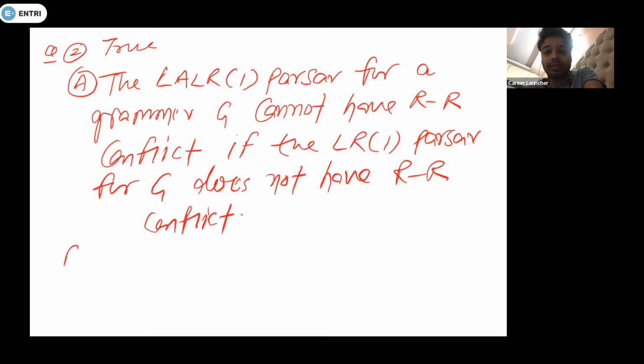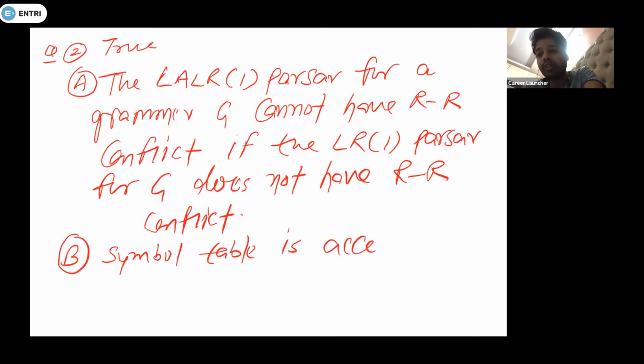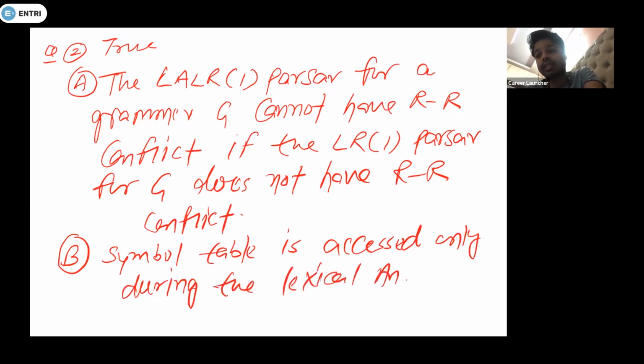B, symbol table is accessed only during the lexical analysis phase.